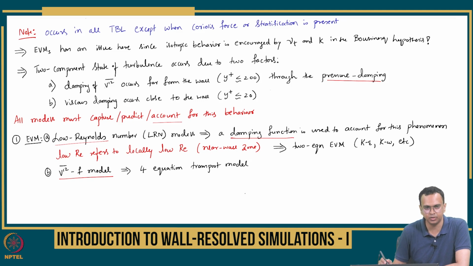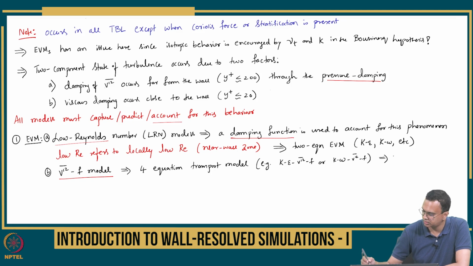So you are actually computing for v2, and then v2 is used to participate in computing the eddy viscosity.